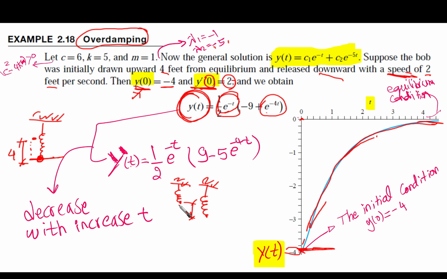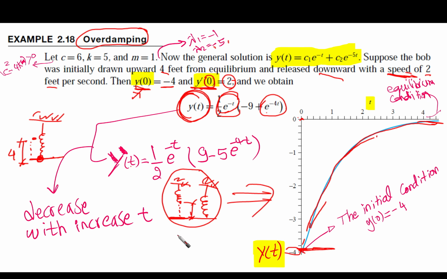When we leave it, it will go down, down, down until just before the equilibrium condition. It is going to go to the equilibrium position after a very long time. That's the meaning of this graph.